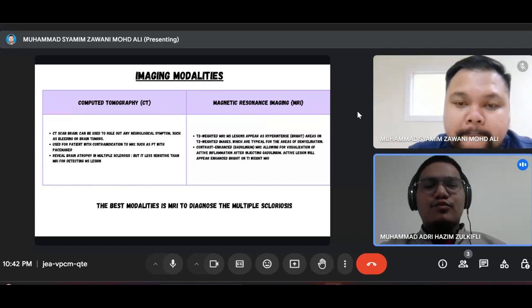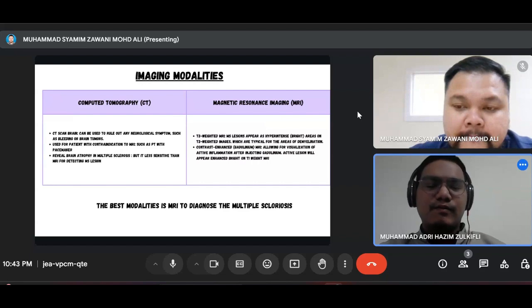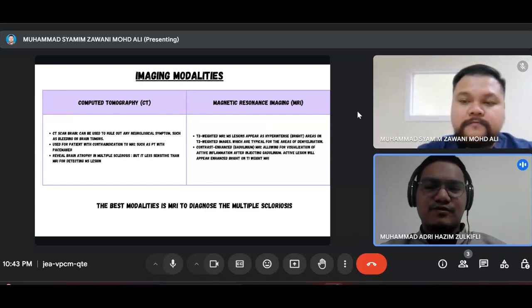Computed tomography is also a non-suitable modality, because we cannot see the multiple sclerosis signs, just tumors and bleeding. But it may help for patients who have a contraindication to MRI, such as a pacemaker.